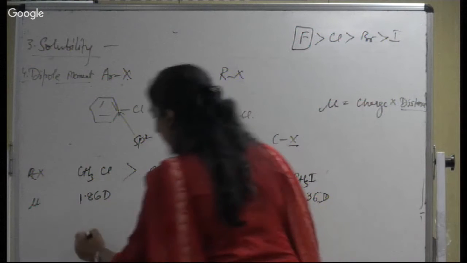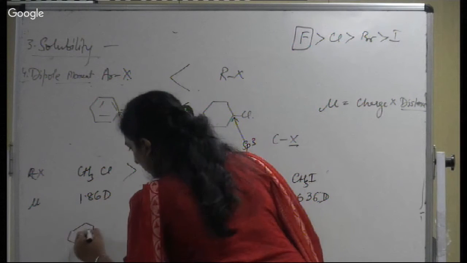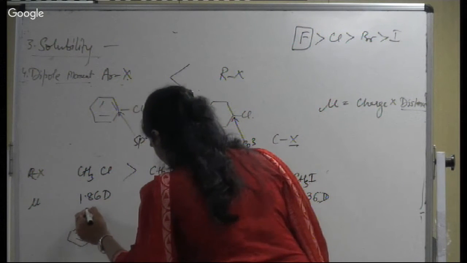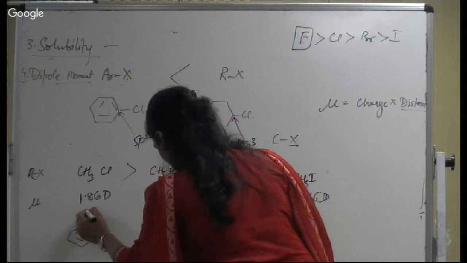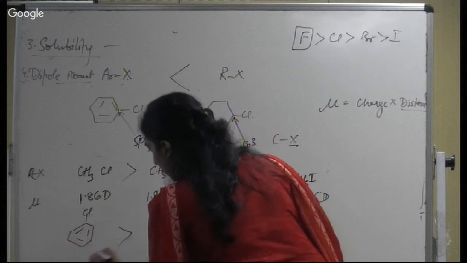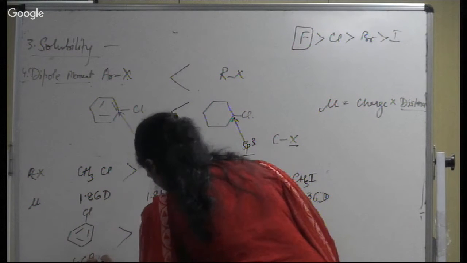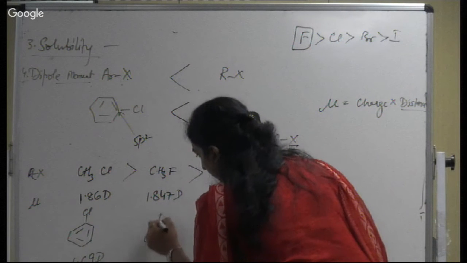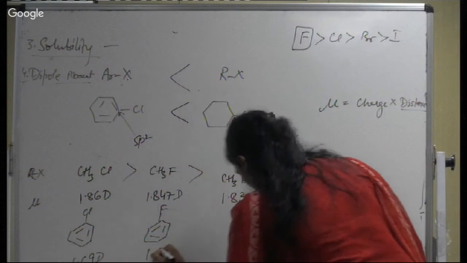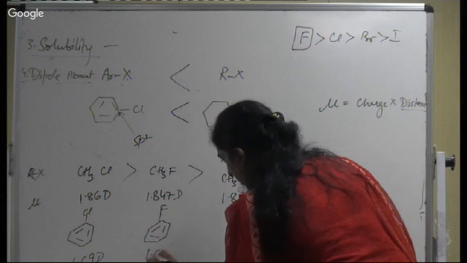In the case of aryl halides, for chlorine, it is 1.69. For fluorobenzene, it is 1.6.